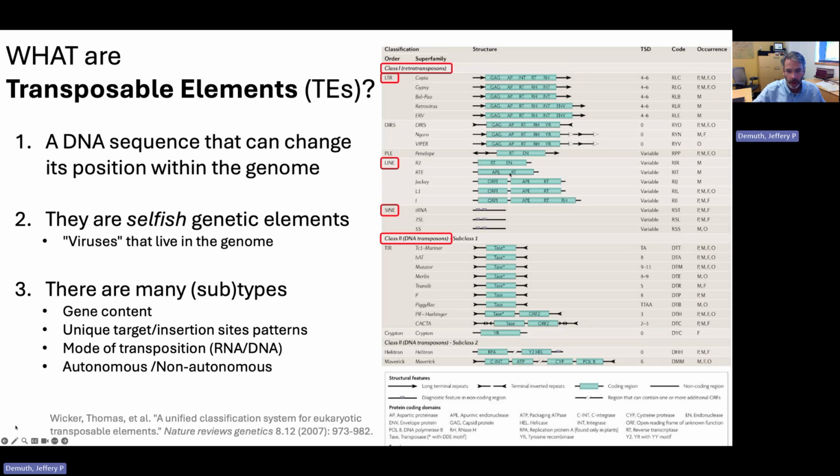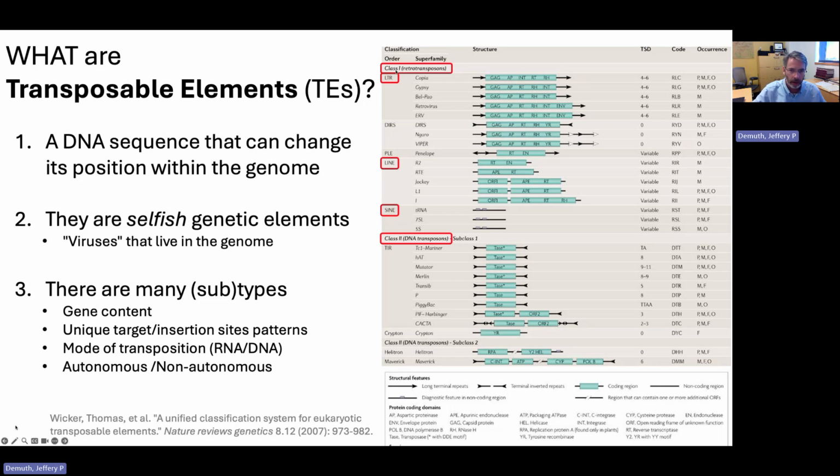So over here on the right, you can see a little cartoon representation of some of the different kinds of transposable elements. I've highlighted in red here just some of the nomenclature that you're going to see recurring in some of the subsequent slides.